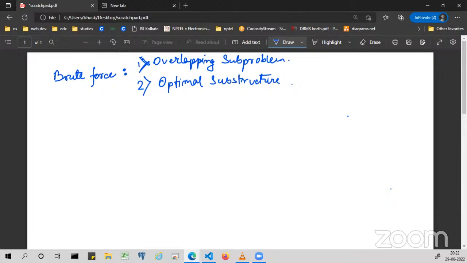If this property is satisfied in a difficult problem where I generally apply an exhaustive search, a trial and error way, or so to say a brute force way, then depending upon these two parameters, I can use a tool which we call dynamic programming. That's it, nothing else. That tool is as simple as it can be.